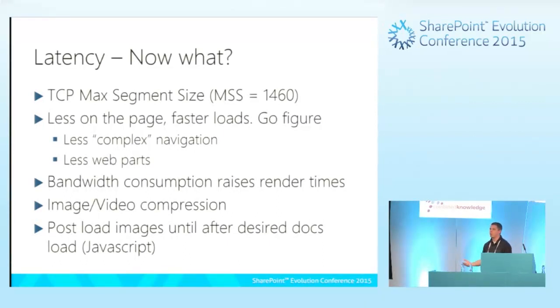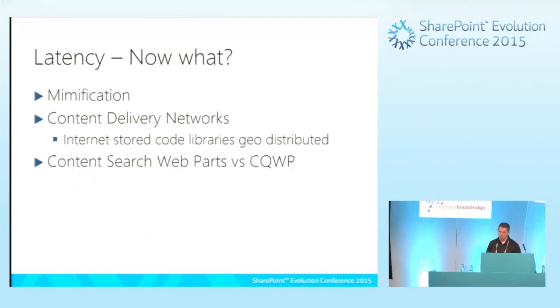Now, obviously, there's a whole bunch of other stuff that goes into that. Are you streaming a video from that page? Are you downloading the world's most awesome looking look and feel that has a million images, tons of JavaScript and that sort of thing, which is where minification of jQuery and JavaScript comes into play. CDNs, where you can offload some of that data to geographically dispersed locations.